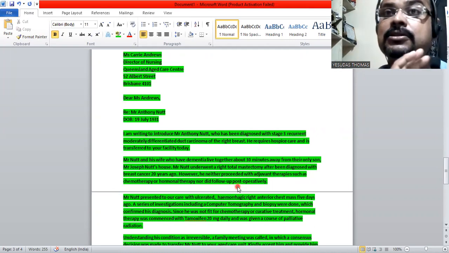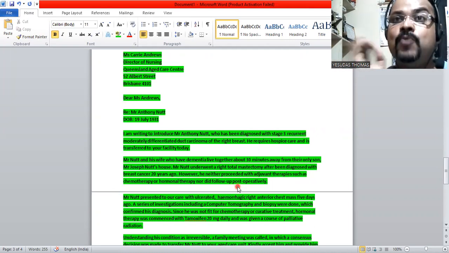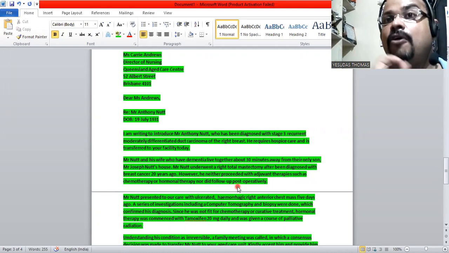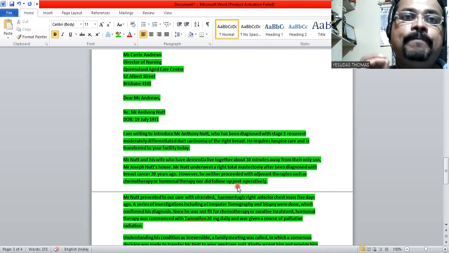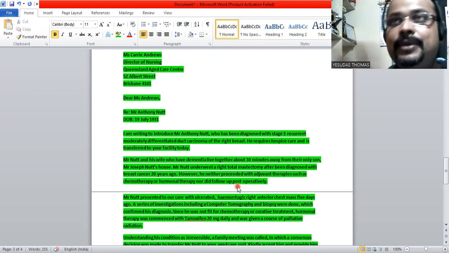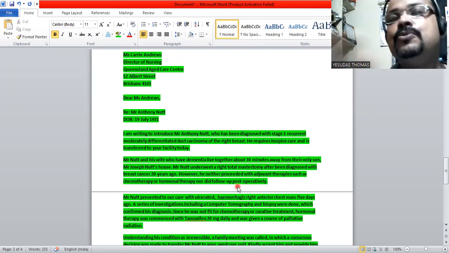He didn't go for follow-up for the continuation of the treatment. He did a total mastectomy.